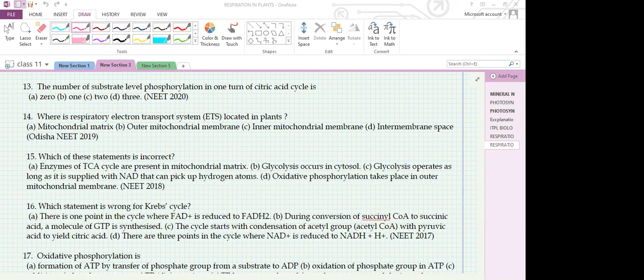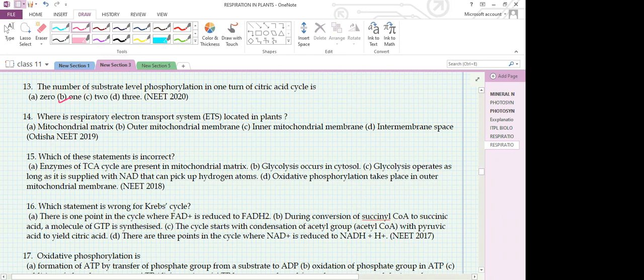Go to your textbook and see. Substrate level phosphorylation, I told you, no? When does that happen here?